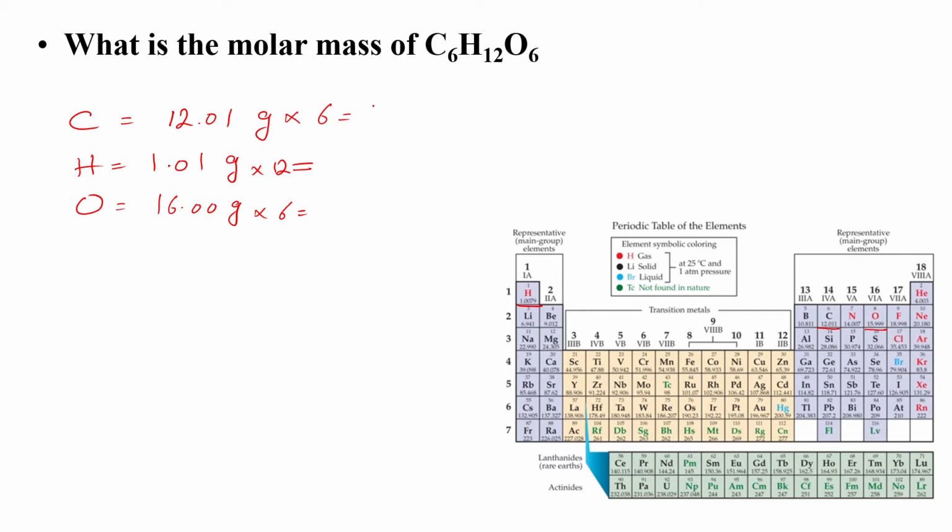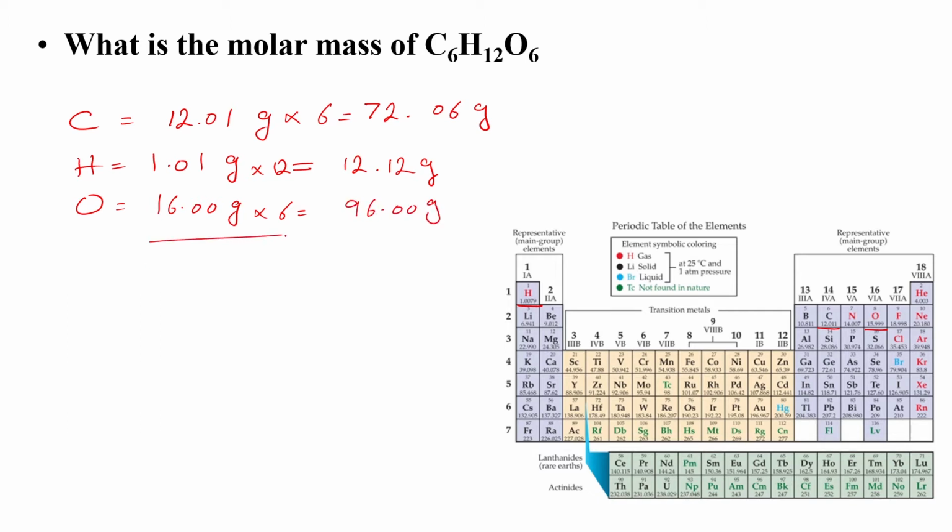Okay, so carbon is going to be 72.06 gram. Hydrogen is going to be 12.12 gram, and oxygen will be 96.00 gram.